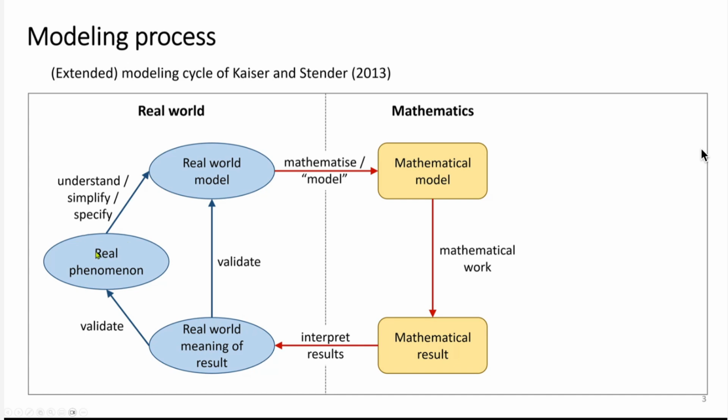The first thing you have to do is create a model of your phenomenon, but still in the real world. It's just a simplification of the system that you're trying to understand, one that captures the essentials of that phenomenon. There are some words here that sound a little bit made up, because some of them are, but you need to understand what the real phenomenon is, simplify it, and then specify what you need to know about it in order to understand it.